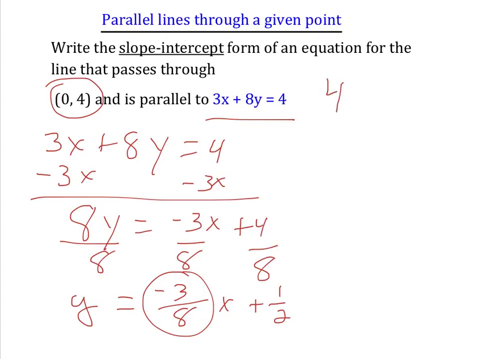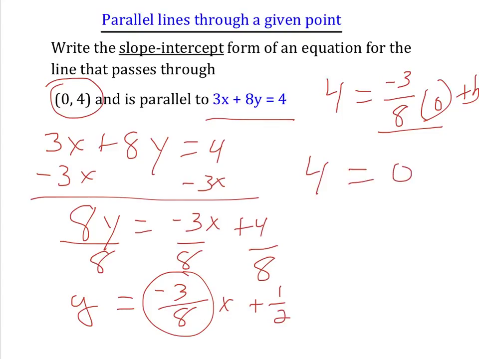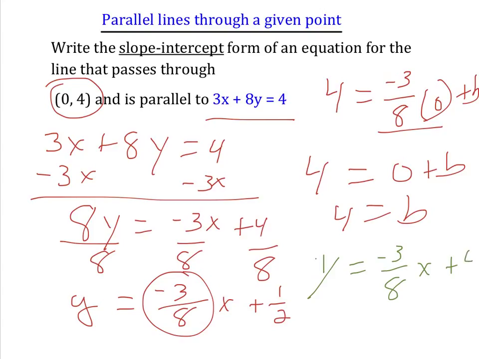So we have 4 equals negative 3/8 times 0 plus b. 0 times negative 3/8 is simply 0, so 4 equals 0 plus b, or 4 equals b. Then we can go ahead and write our final answer. y equals our slope, negative 3/8 x, and our y-intercept is 4. So there we go.